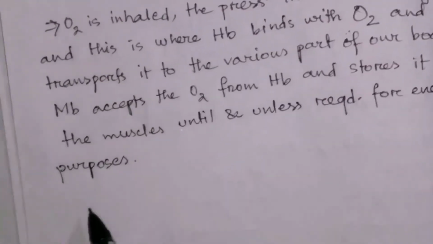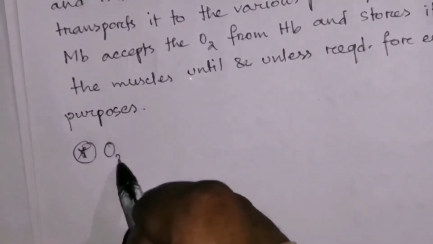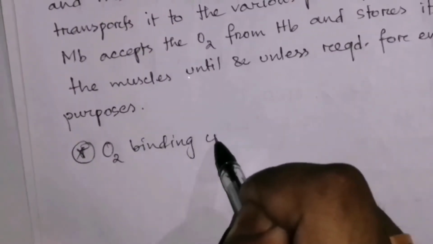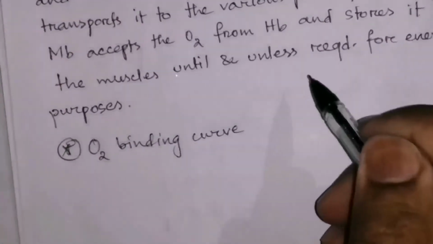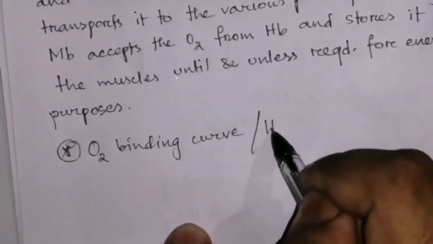This whole process can be well explained by the oxygen binding curve, also known as the Hill plot.